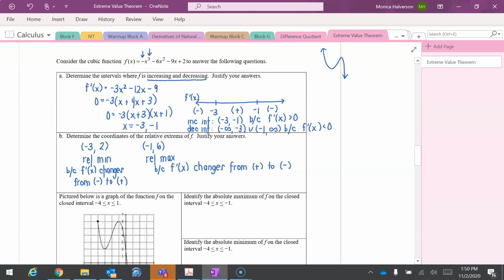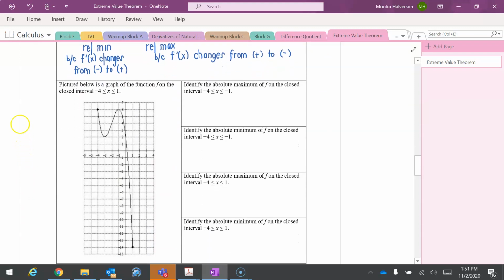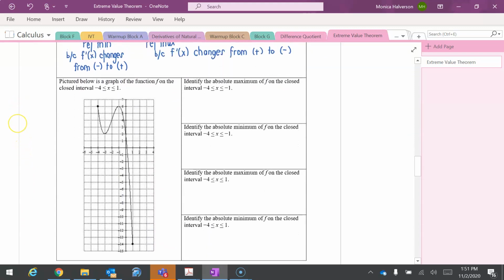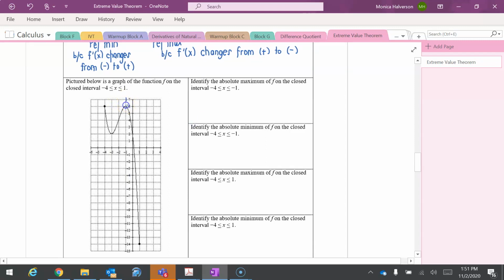All right, so pictured below is the graph of the function f on the closed interval. And it asks us to identify the absolute maximum of f on the closed interval negative 4 to negative 1. So we know it stops right here. This is our part of interest for this first question.